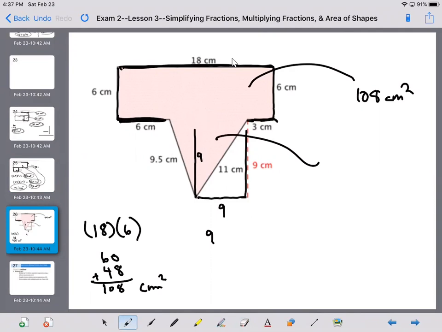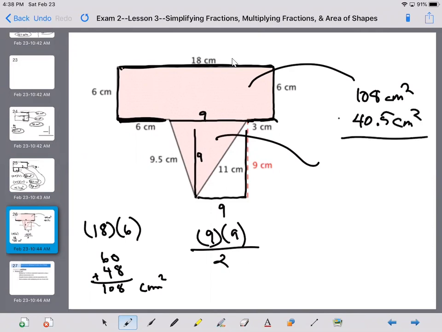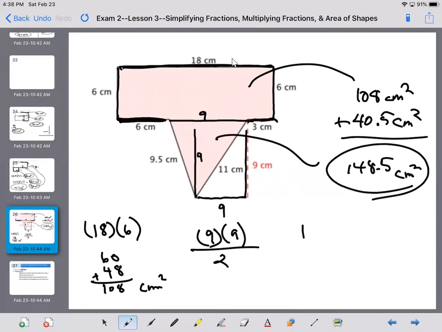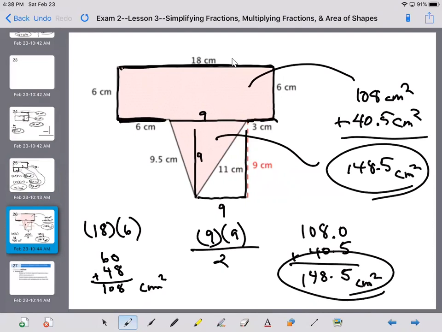So this entire base has to be 9. So 9 times 9 would be 81, but I've got to take half of it. So 40.5 centimeters squared. Add those together, and you're going to get 148.5 centimeters squared, because that's what 108 and 40.5 add up to, as your irregular shapes.